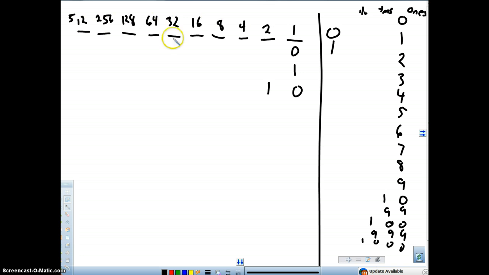This is your column up here. Whatever these numbers are right here, multiply this by that number up top. So 1 times 2 is 2. 0 times 1 is 0, so 2 plus 0 is 2. Does that make sense?